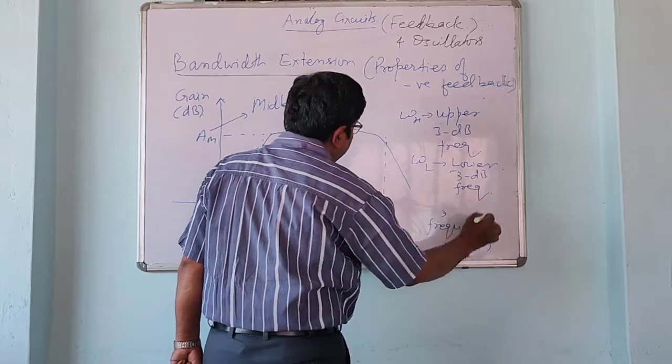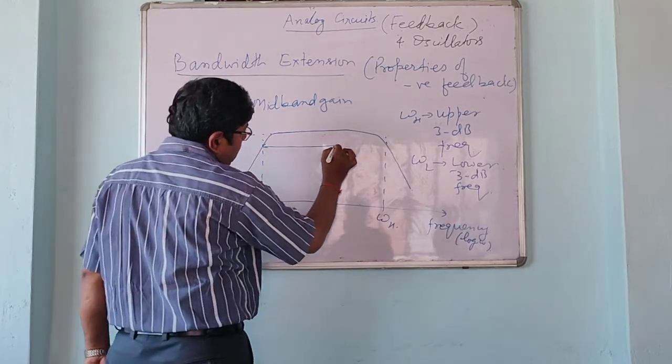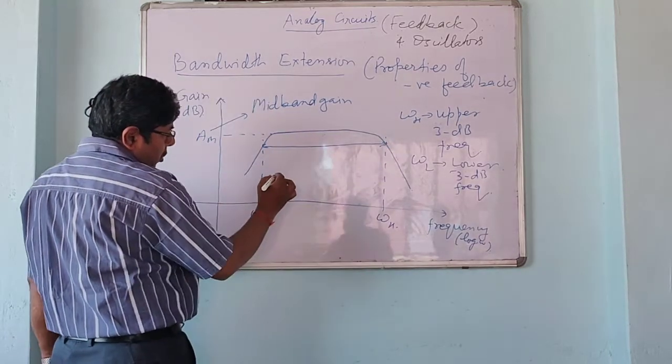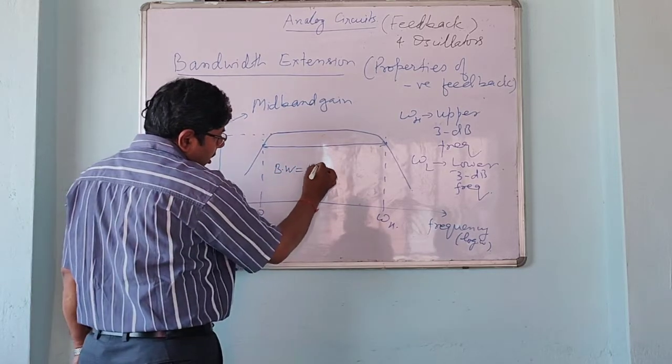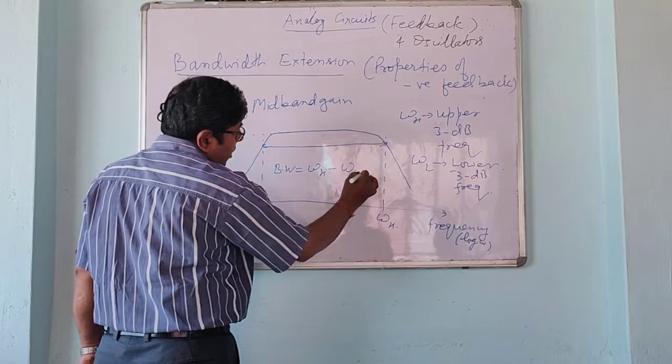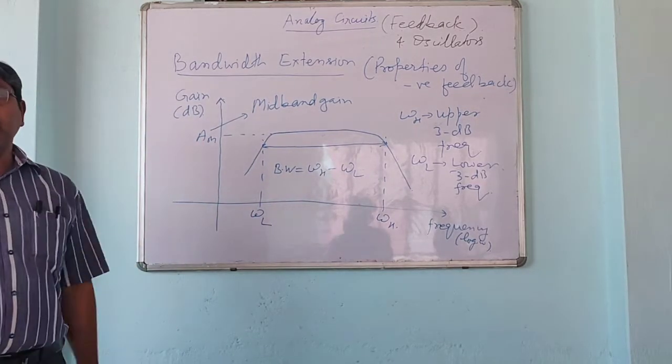So these are two frequencies, and this range from here to here. So bandwidth is defined as upper minus lower 3 dB. So this is the bandwidth of the amplifier.